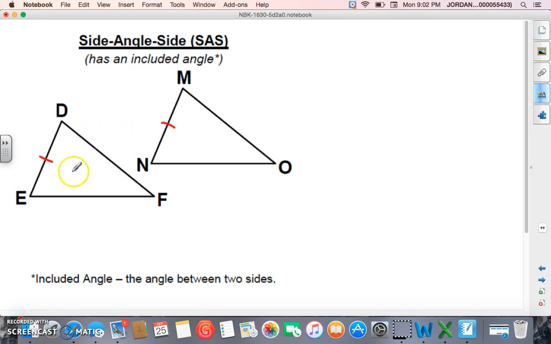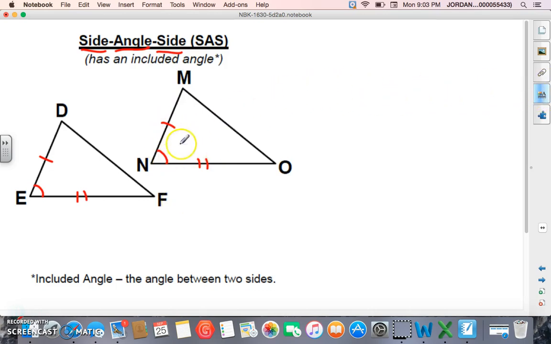And then I tell you angle E is congruent to angle N. And then I tell you side EF is congruent to side NO. So we've got a side congruent, and then we've got an angle congruent, and then we've got a side congruent, all in a row. Alright? So this is an example of side, angle, side congruency.